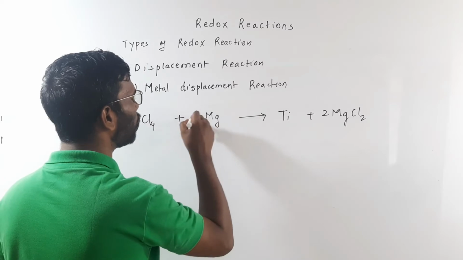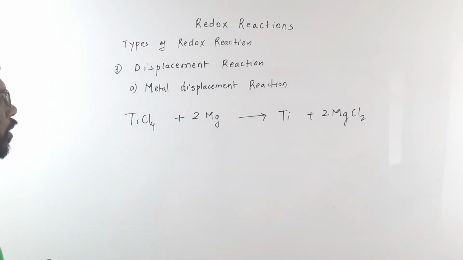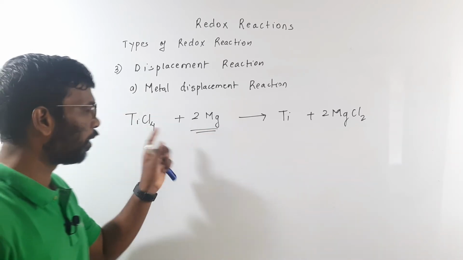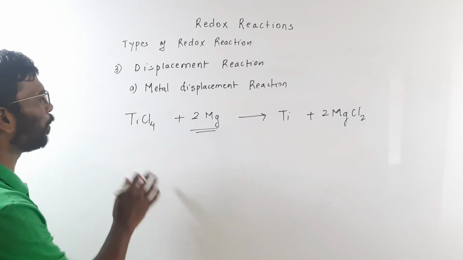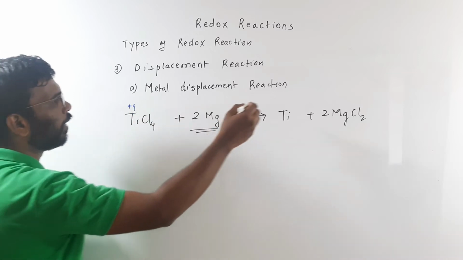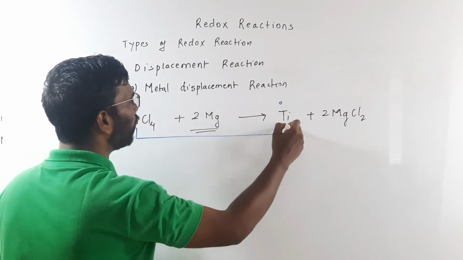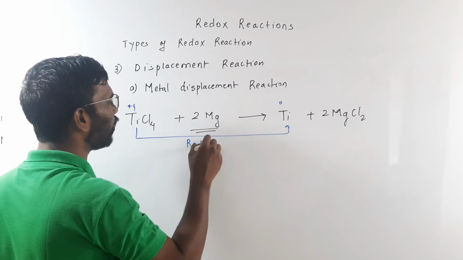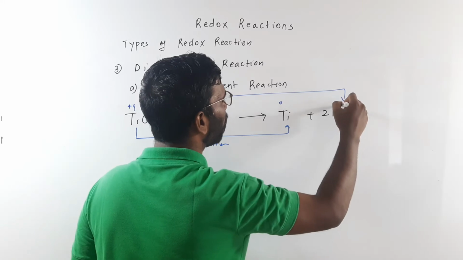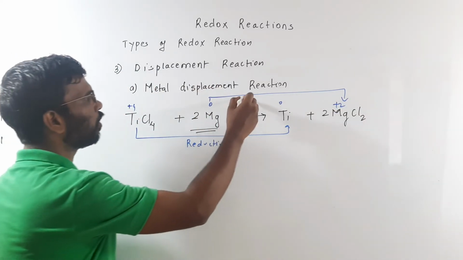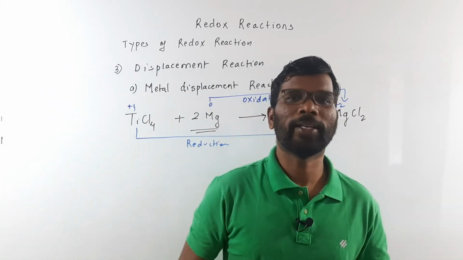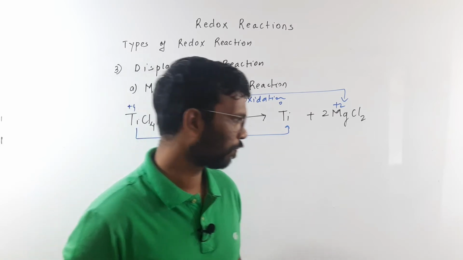So 4 chlorine and 2 Mg. Yes, the reaction is balanced. So here magnesium metal is displacing titanium metal, so this is a displacement reaction. The oxidation state of titanium will be +4, changing to 0 in the elemental form, so this is a reduction. Magnesium was in 0, changing to +2, so this is an oxidation. That's why this is a redox reaction where metal is displaced by another element.